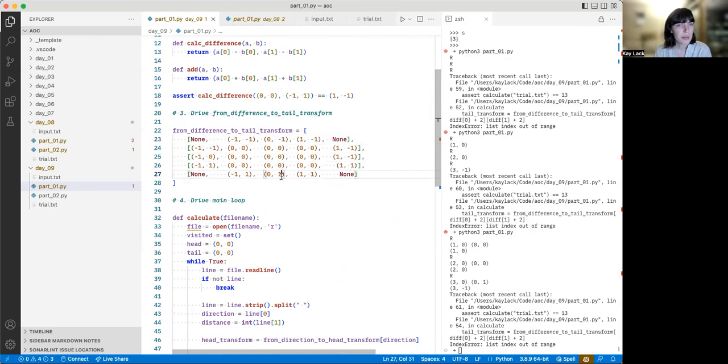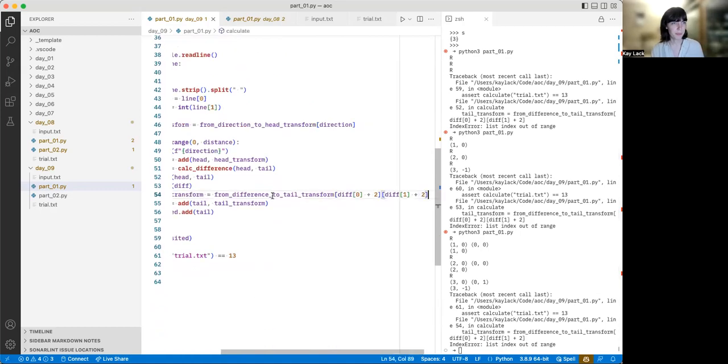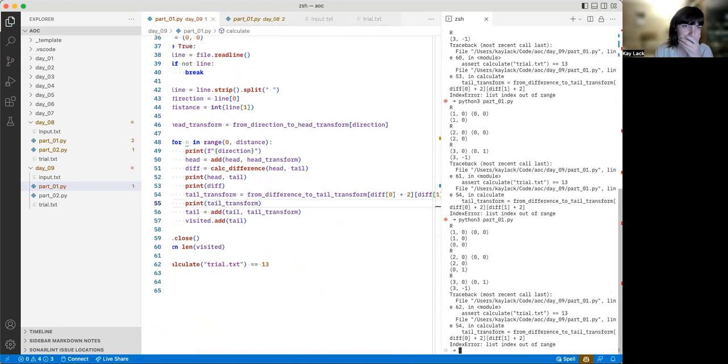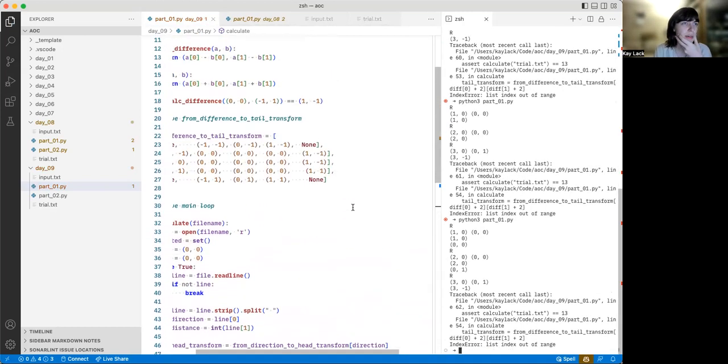And then 2. Whereas actually, what's the actual transform coming out? Zero, 1.